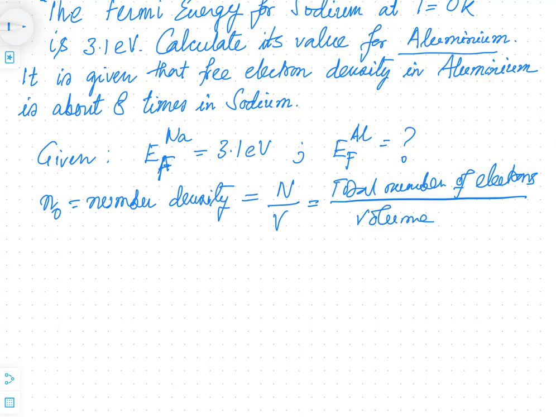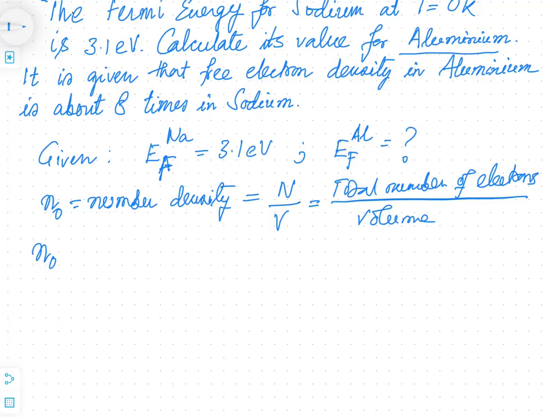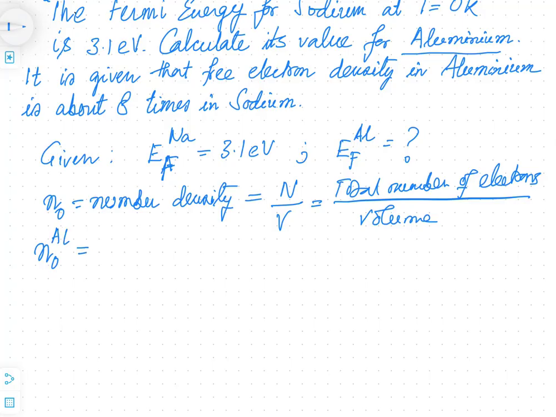So number density of aluminium is about 8 times of sodium. So I can write down, this is also a given condition, that number density, which is N0, of aluminium is equal to 8 times of number density of sodium. So this is another given condition.